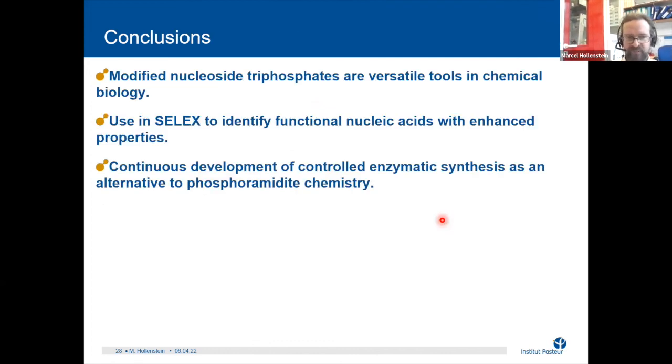So I hope that in this presentation, I could show you a bit of what we tried to do with modified nucleotides. Mainly, we use them in SELEX to identify functional nucleic acids with enhanced properties. And we have started a program on trying to develop controlled enzymatic synthesis of DNA, RNA, and XNAs.